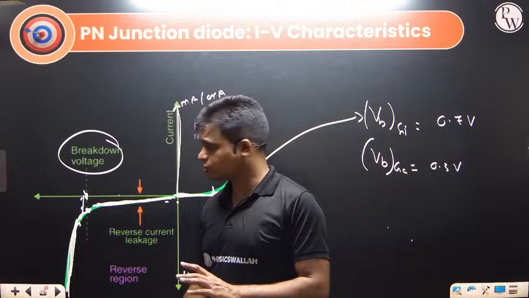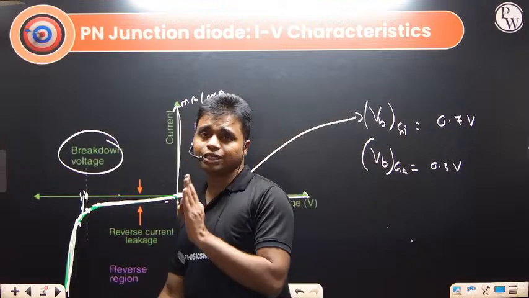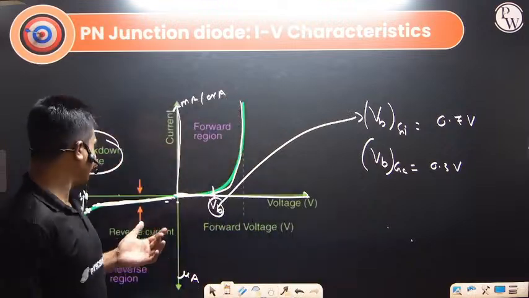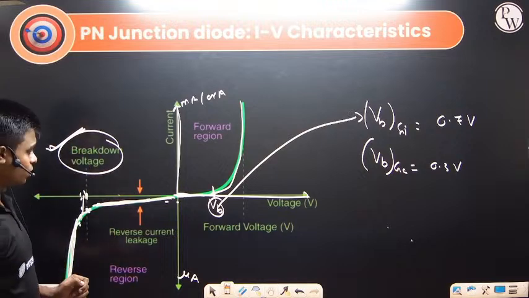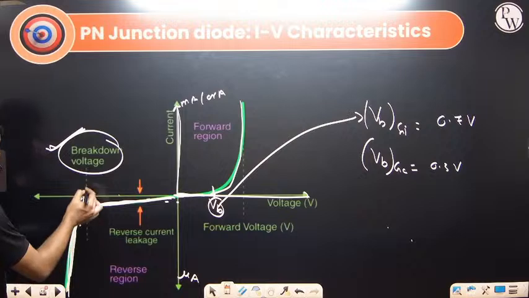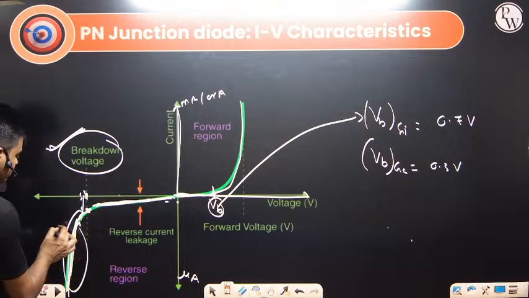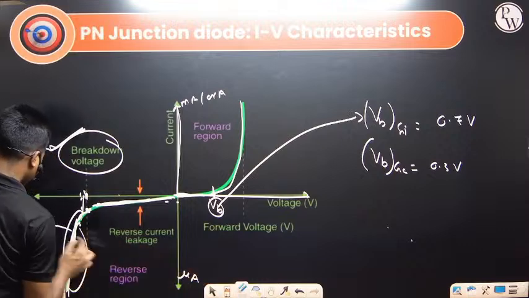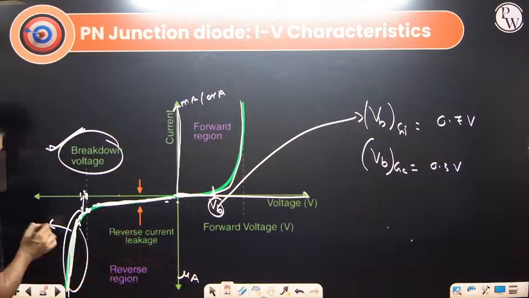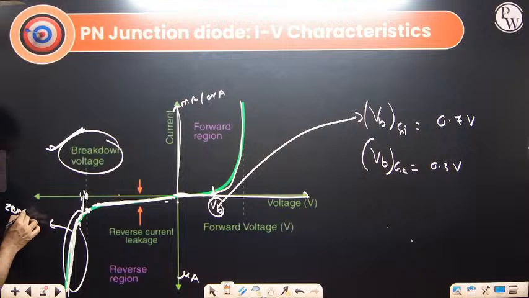This is due to the breaking of the covalent bonds of the silicon atoms or any semiconductor element, and that happens at one particular voltage. We call it the breakdown voltage, and this particular graph is for Zener breakdown. Zener breakdown is the process in which the current value keeps on increasing but the voltage remains the same.